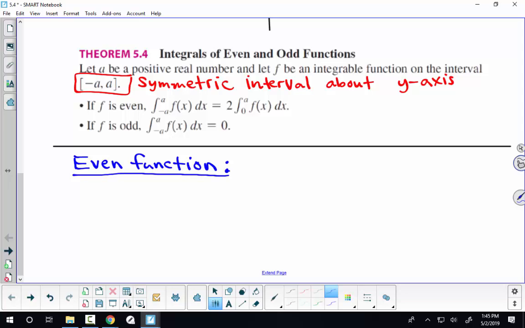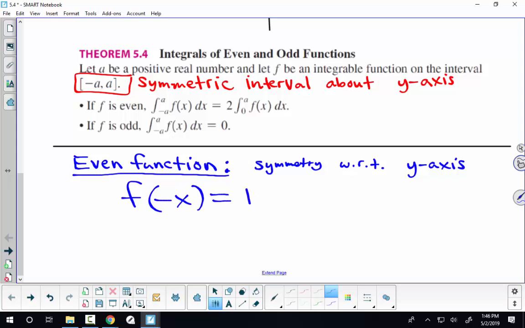Yeah, so if it's an even function, you have symmetry with respect to the y-axis. So if f of negative x equals the original function, in other words, if I replace x with negative x and I have the same thing, then I'm dealing with an even function.